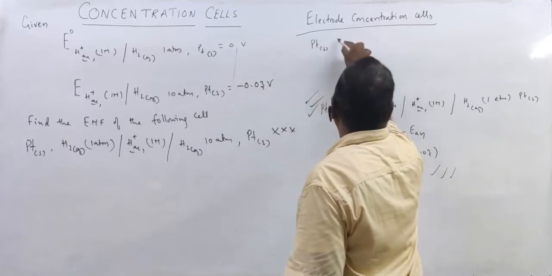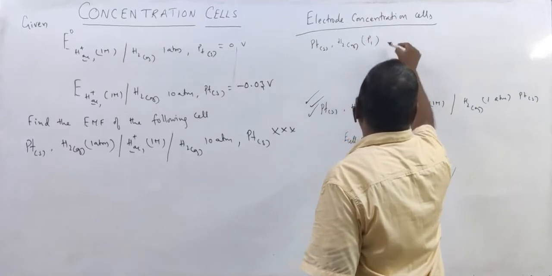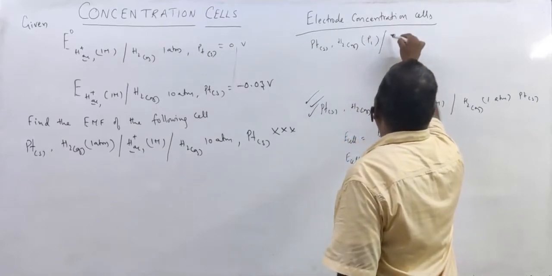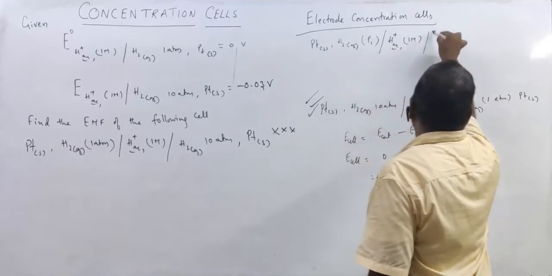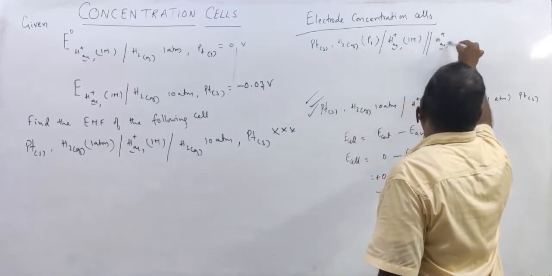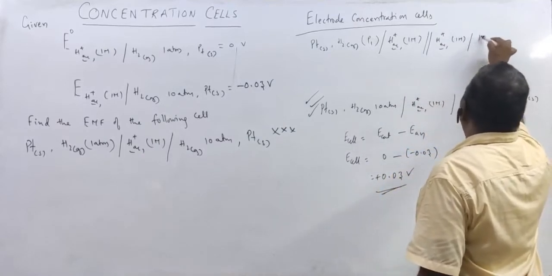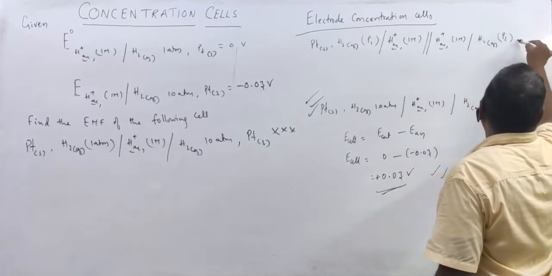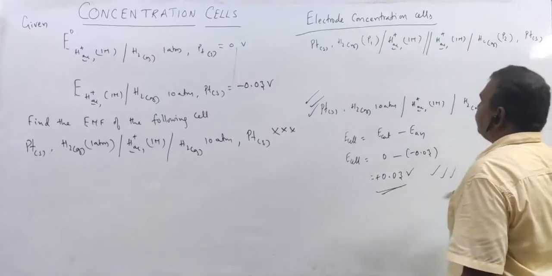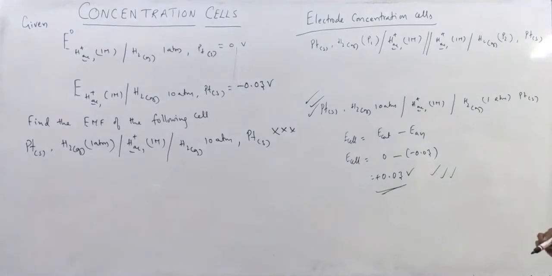Now, the general way of representing the cell: Pt solid, H2 gas, P1 pressure, H plus ion concentration 1 molar, H plus ion concentration 1 molar, and hydrogen gas pressure P2, then platinum solid. So this is the general example for electrode concentration cells.